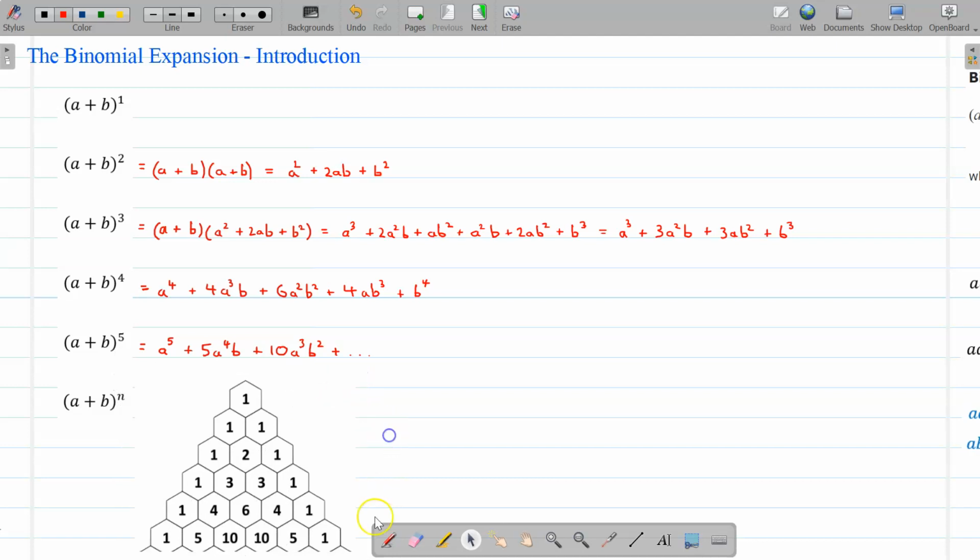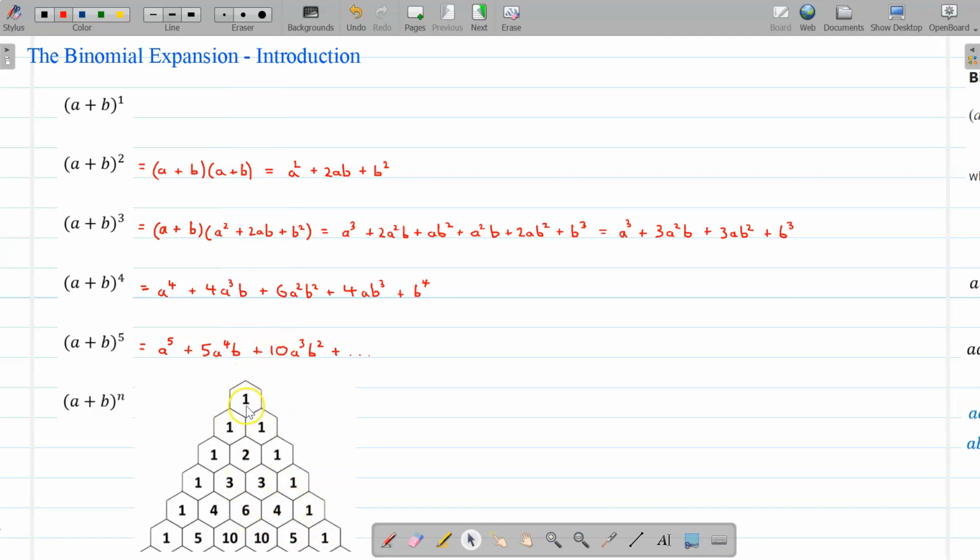Basically, you've got these ones down the side, and each row, if we take the third row, the 2 comes from the sum of the two numbers above it. So 1 plus 1 is 2. 1 plus 2 is 3. 2 plus 1 is 3. If we go to this row, 1, 4, 6, 4, 1, the 4 comes from 1 plus 3. The 6 comes from 3 plus 3, and so on. You've got the idea.